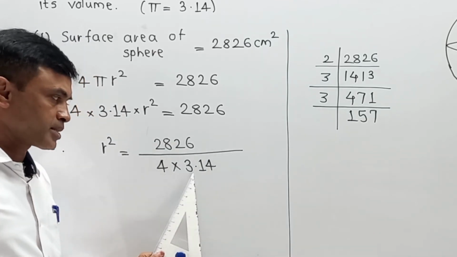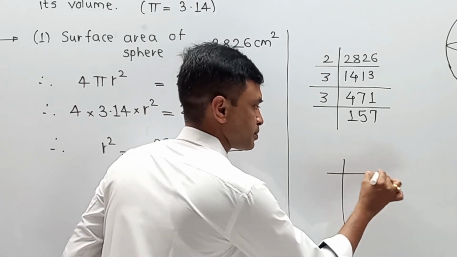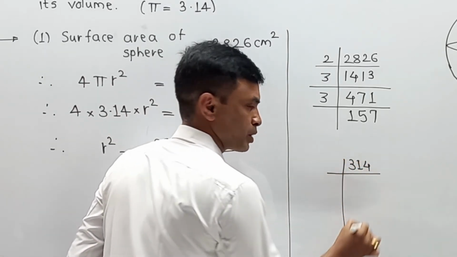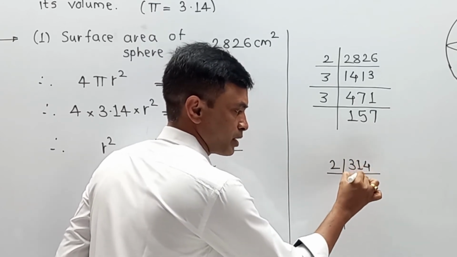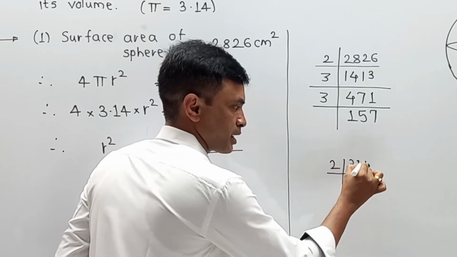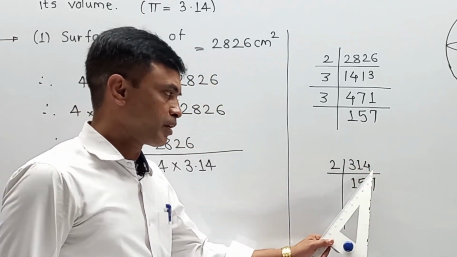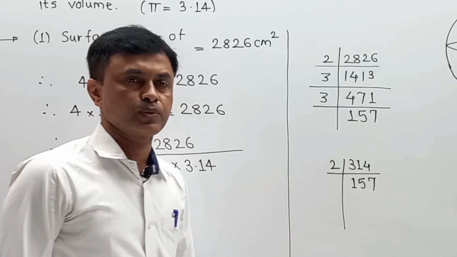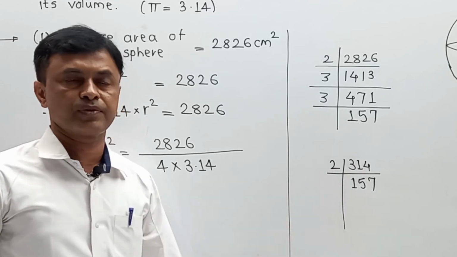This is a number 3.14. If temporarily I write it as 314, and try to divide it, 2 ones are 2, carry 1, 2 fives are 10, carry 1, 2 sevens are 14. So again 314 can be written as 157 into 2. This logic holds at number 157 as well.